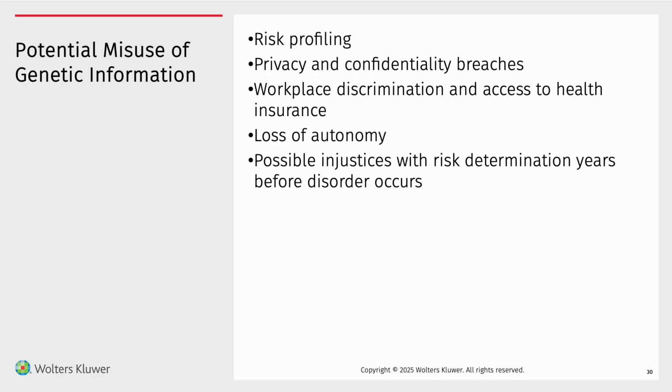So, possible injustices with risk determination years before the disorder occurs. Predictive testing might label someone at risk long before any symptoms happen. You predict from their testing, you have labeled them, but they don't have the symptoms as of yet. This raises ethical questions about psychological impact on life choices.